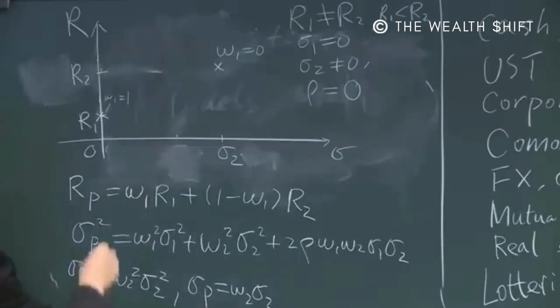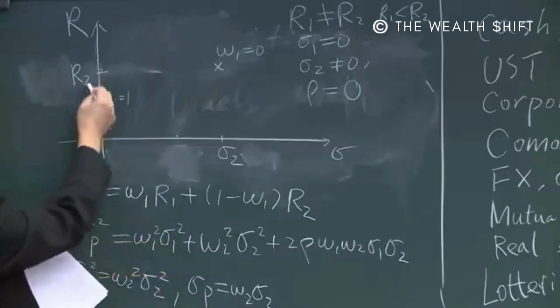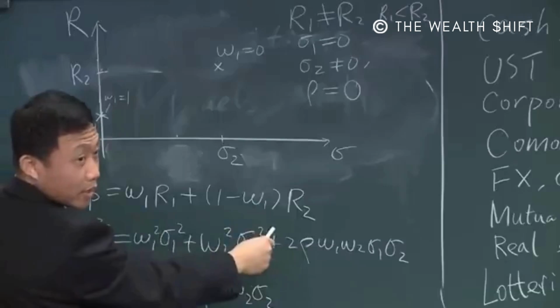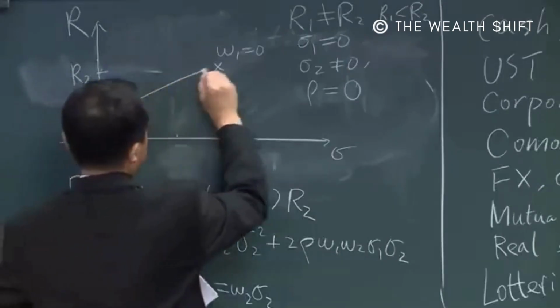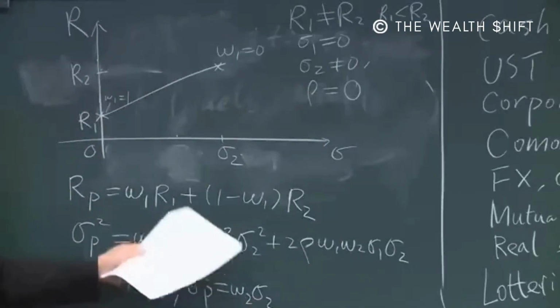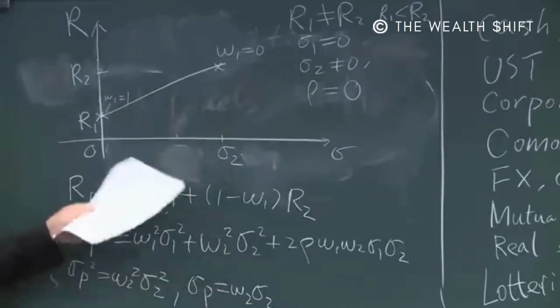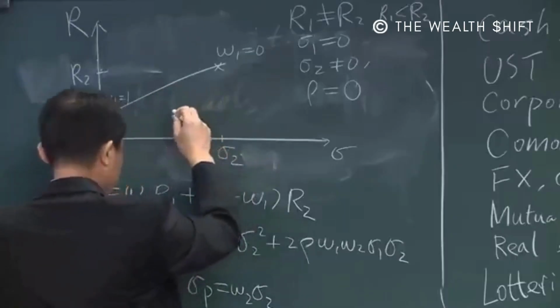And what's R? R is a linear combination of R1 and R2, so it's linear. Because in these cases, return is a linear function. And what is the slope of this?